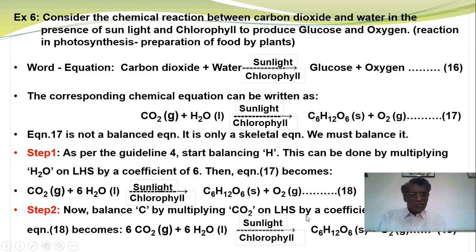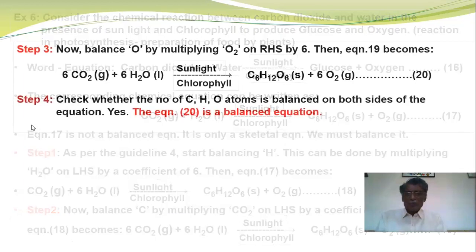Then equation 17 becomes CO2 plus 6H2O giving rise to C6H12O6 plus O2. Now balance C by multiplying CO2 on the LHS by a coefficient of 6. Then we have 6CO2 plus 6H2O giving C6H12O6 plus O2.